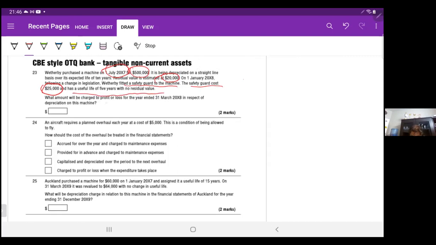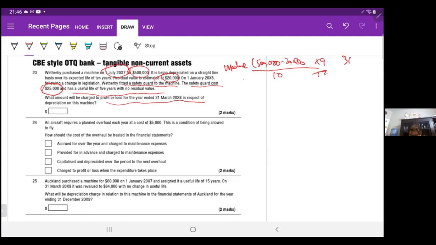What amount will be charged to profit or loss for the year ended 31st March in respect of the depreciation on this machine? So firstly, the machine has a value of 500,000. What was the residual value? 20,000. What was the life? 10 years. In this year, they used it for 9 months out of 12.